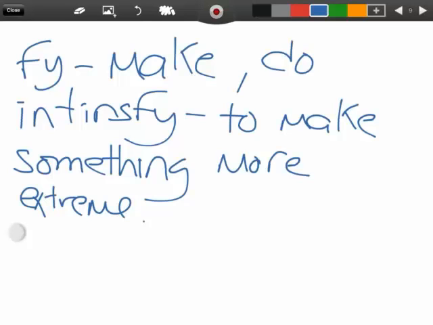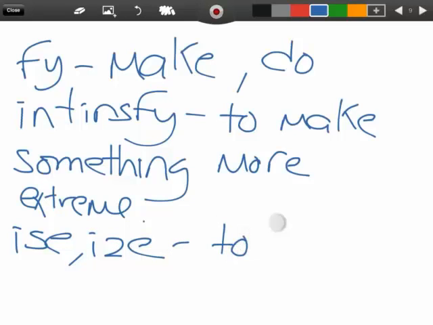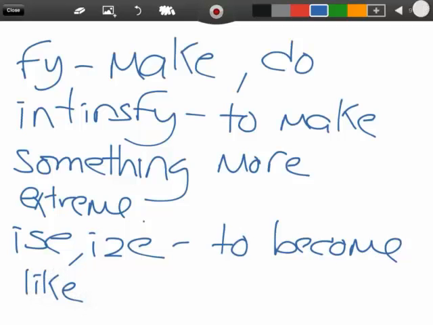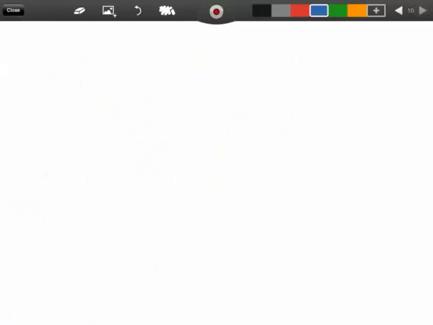Our next suffix is ize, or ise, and that means to become like. And I'm going to go ahead and give you an example right now. For example, colonize.